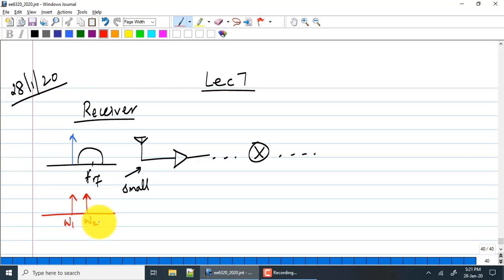Sinusoids. Just tones. Right? A tone is basically a single frequency. This is a sinusoid in the frequency domain. Okay? You have not heard this term tone before? A single tone signal, a double tone signal? Okay. So, thanks for telling me.